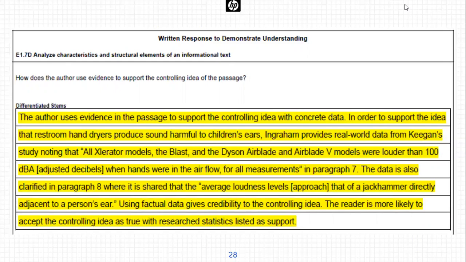The data is also clarified in paragraph 8, where it is shared that the average loudness levels approach that of a jackhammer directly adjacent to a person's ear. Using factual data gives credibility to the controlling idea. The reader is more likely to accept the controlling idea as true with research statistics listed as support.